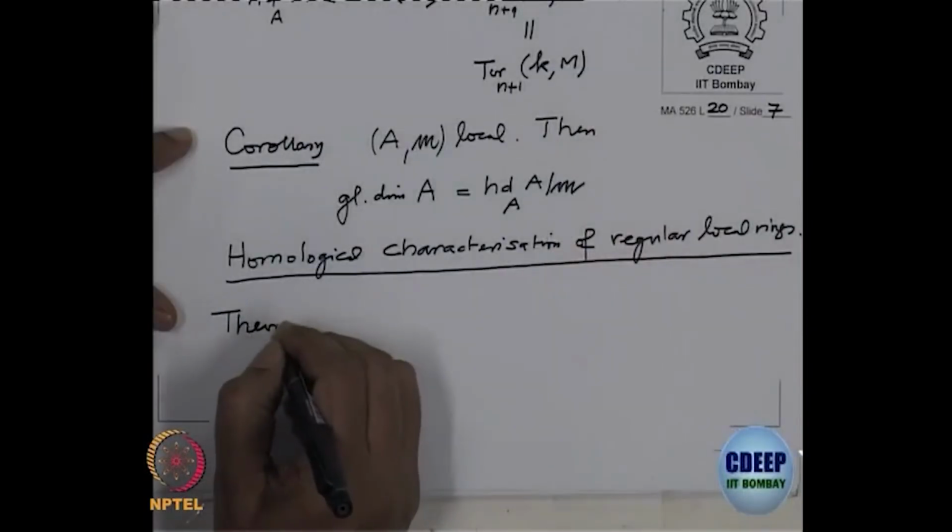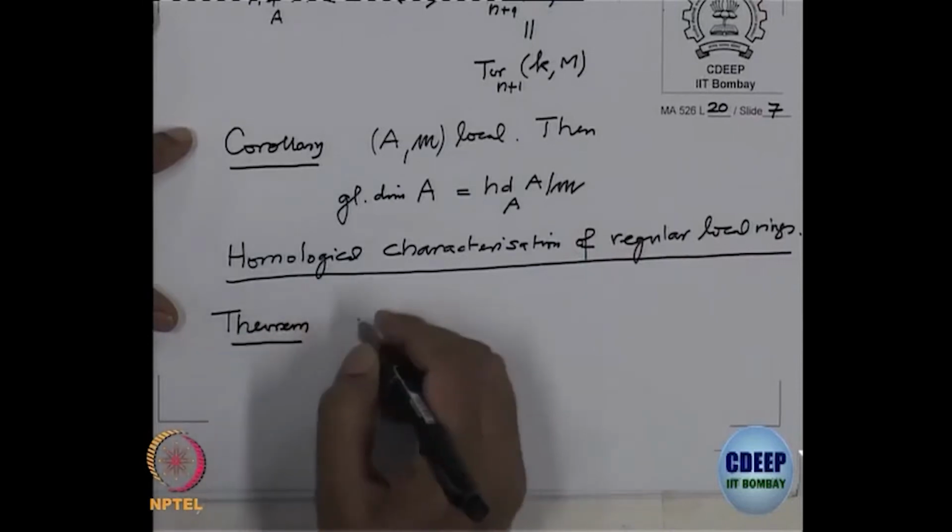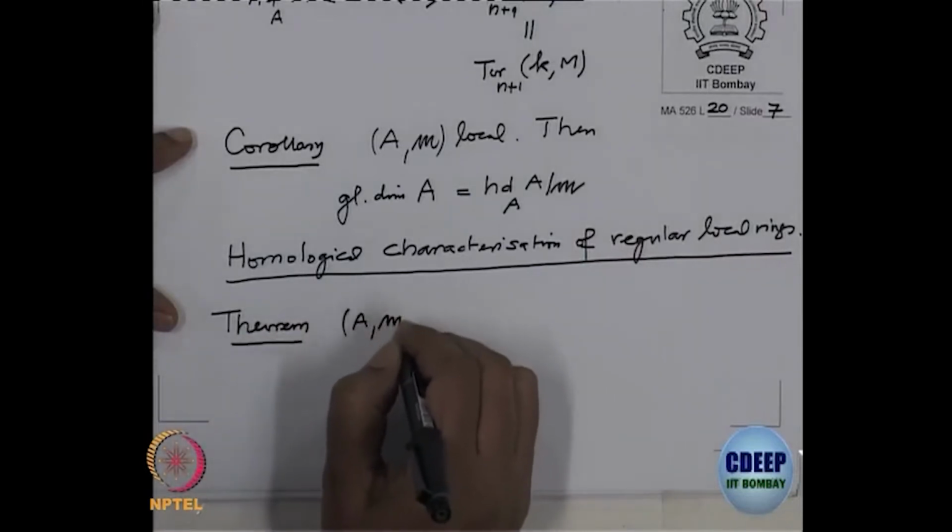Okay, so the theorem one wants to prove is: let (A, M) be local.